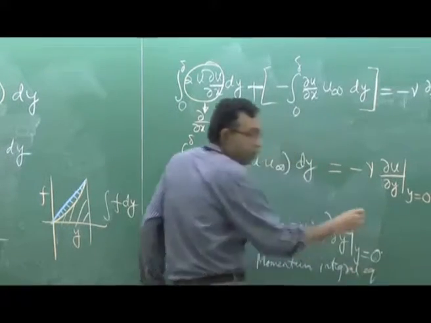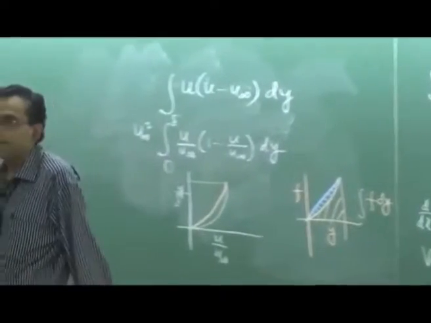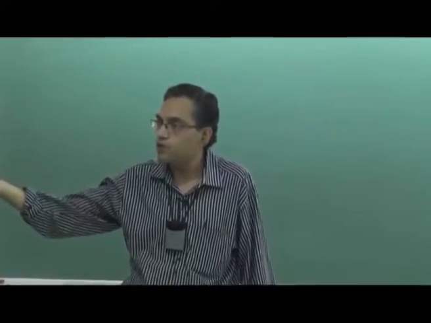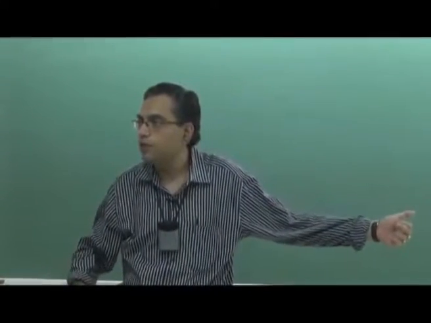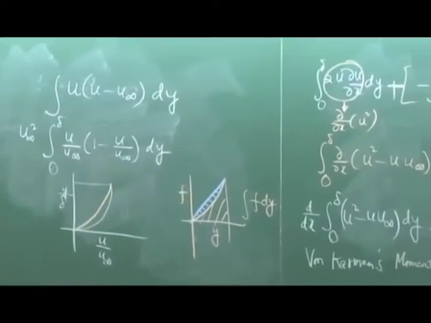Of course, when Karman derived the momentum integral equation, he derived for a general case, not for flow over a flat plate. So there the dpdx term was also there. This is the special case of the momentum integral equation where the dpdx is equal to 0 for flow over a flat plate. Now let us take an example.